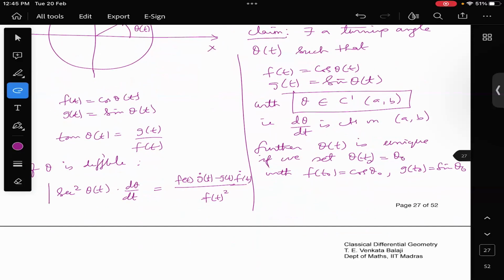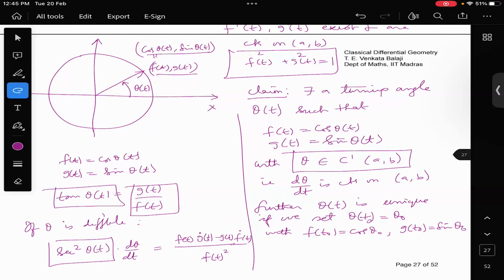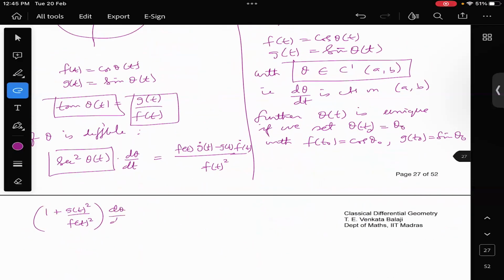And from this, secant squared is 1 plus tan squared, and tan is g by f. So you can write this as 1 plus g of t squared by f t squared, into d theta by dt, equal to f t g dot t minus g t f dot t by f t squared.